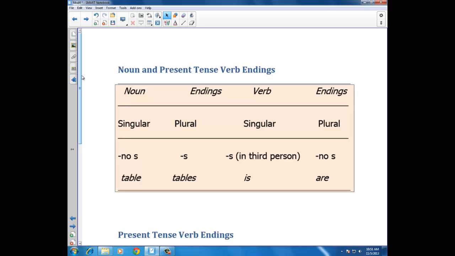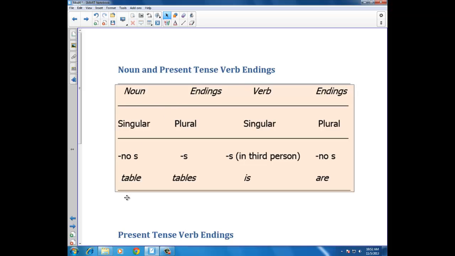Note that first person singular, second person singular, and first, second, and third person plural subjects all have present tense verbs that do not end in s. The only time the s marker appears on a present tense verb is with a third person singular subject. For example, these are noun and present tense verb endings.